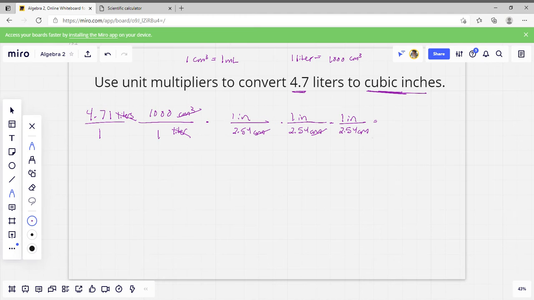Now we can convert, and we'll have 4.7 times 1,000 over 2.54 to the third, and that would be inches cubed. We could multiply that all out, but the book doesn't even do that. This is good enough for an answer. You can just leave that as the answer.